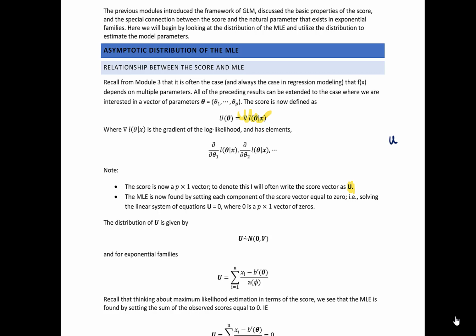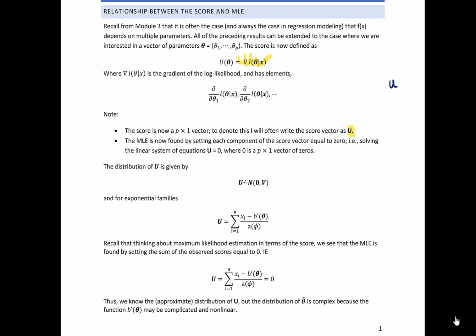We could look at the distribution of U, and it ends up that U still has expected value 0, and we could show that U is approximately normal with mean 0 and variance V. And then even further with exponential families, U is going to be equal to the sum from i equals 1 to n of (x_i minus b prime of theta) over a of phi in the denominator. So pretty much the exact same thing that you had before.